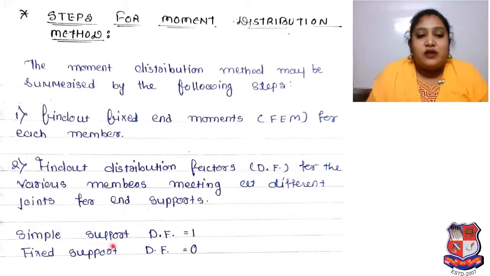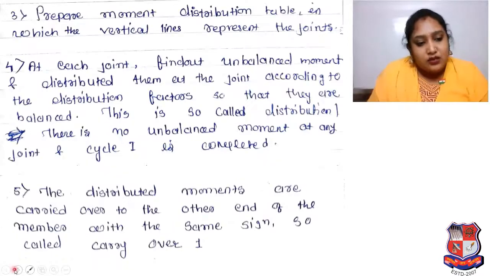For a simple support, the distribution factor will be 1, and for a fixed support, the distribution factor will be 0. We have to keep that in mind, so there is no need to do calculation whenever a simple support or a fixed support is there.